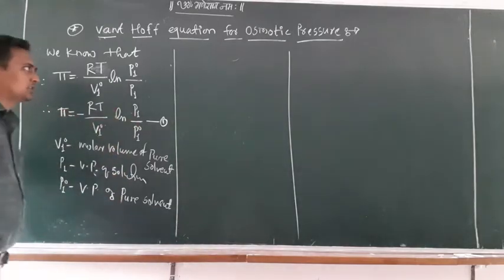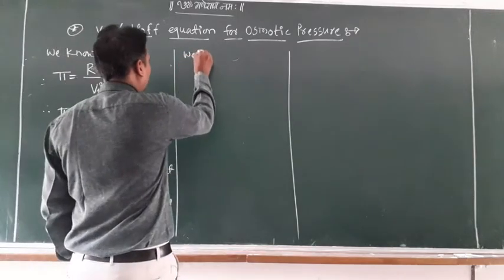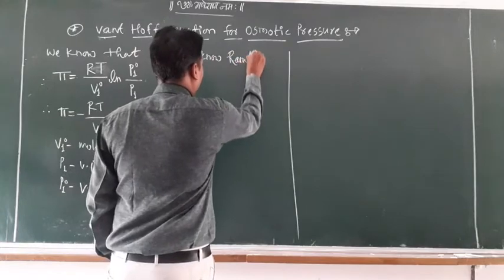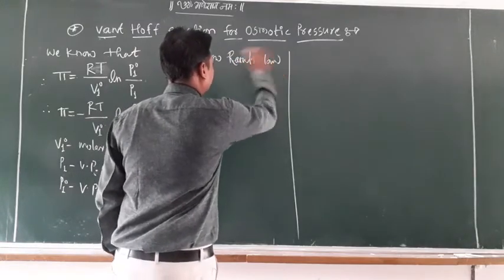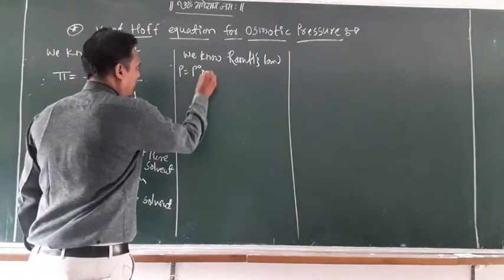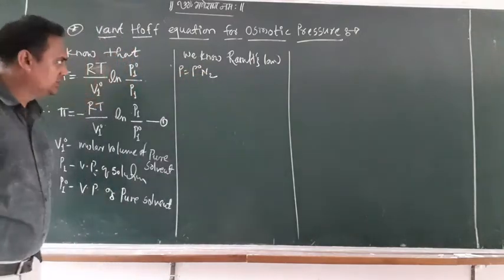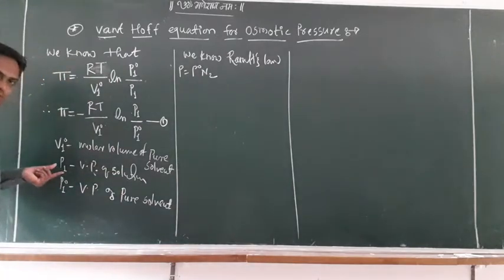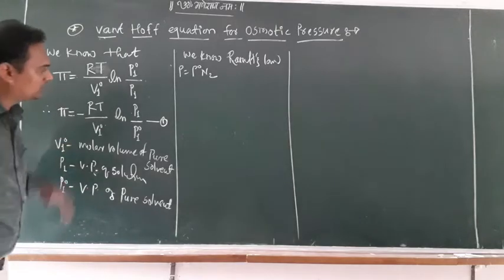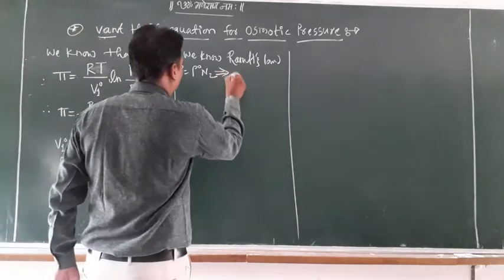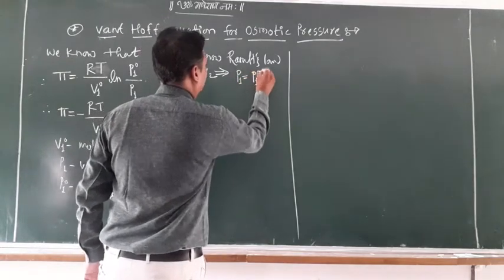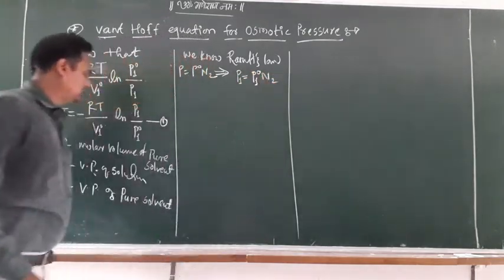We know Raoult's law. What is Raoult's law? P is equal to P1 naught into mole fraction of solute. But we have used the term P1 for solution and solvent. So for that we can write this formula as P1 is equal to P1 naught into N2.